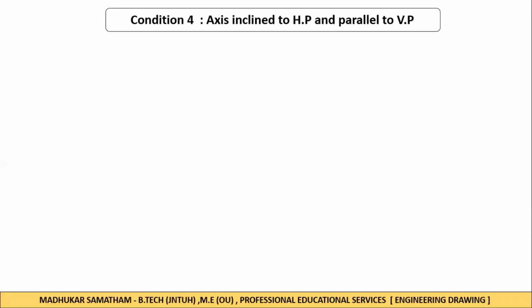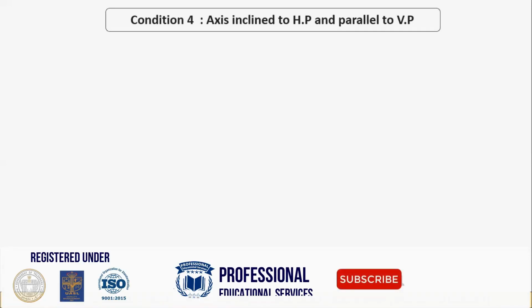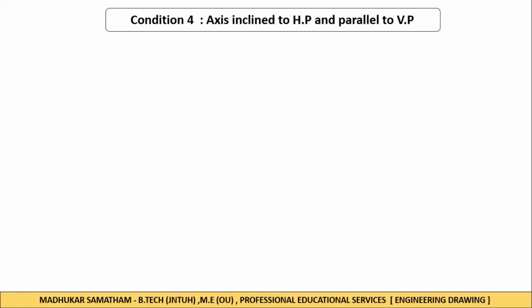Now we will discuss condition 4, which is axis inclined to HP and parallel to VP. In this condition, the solid is placed in such a way that its axis is inclined to HP and parallel to VP. To understand this and draw easily, we will draw this solid in two steps.